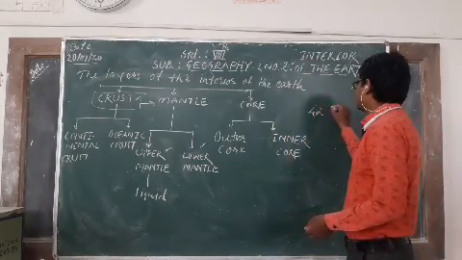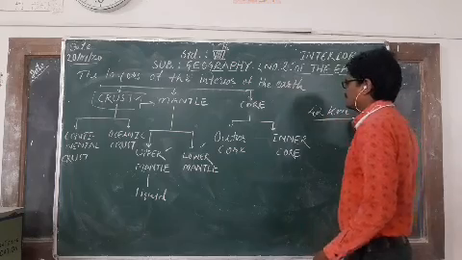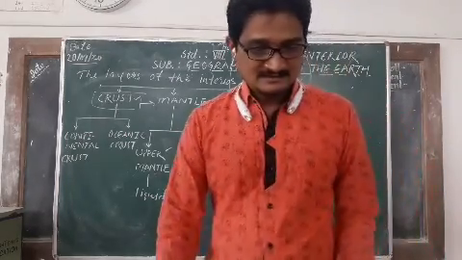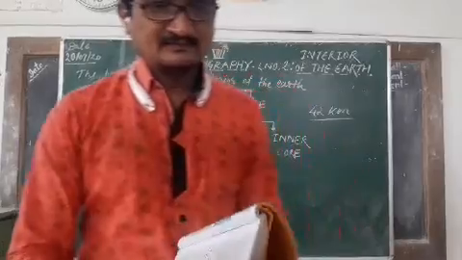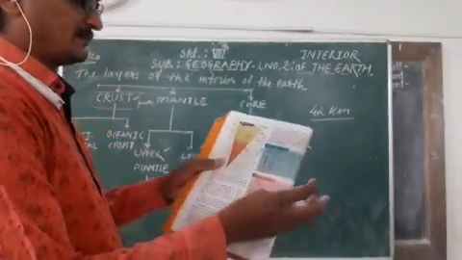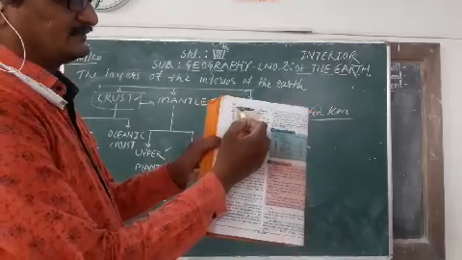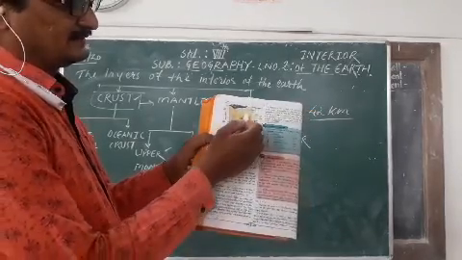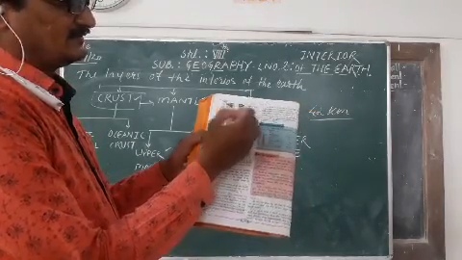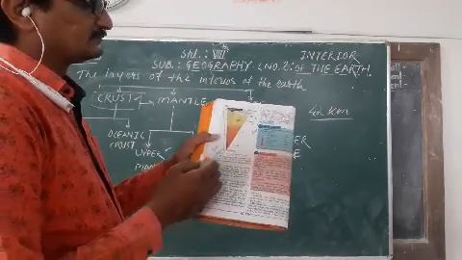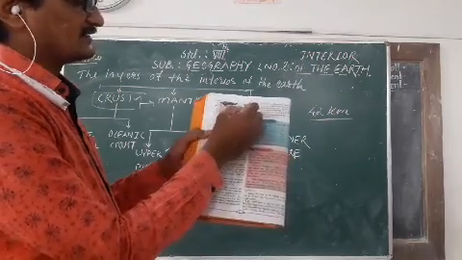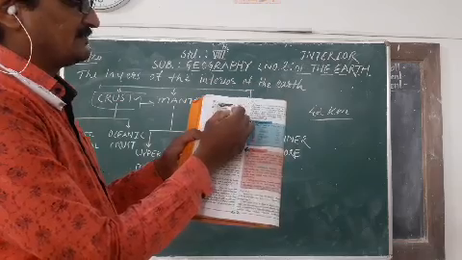42 kilometers. It starts from the Earth's surface. From here. Mantle. This is the layer of crust. Then this is upper mantle.